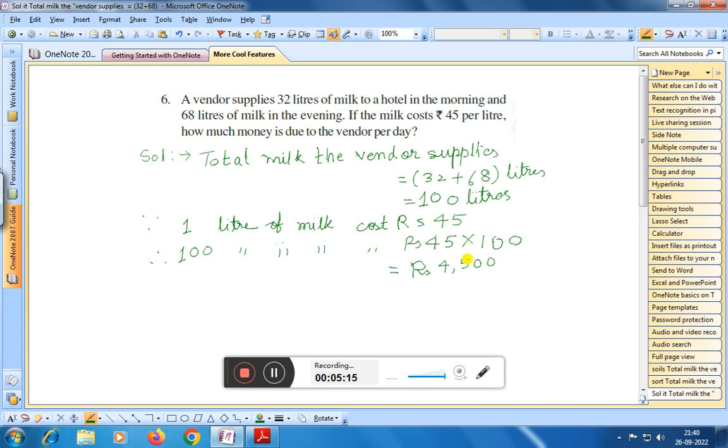Now the question is, how much money is due to the vendor per day?